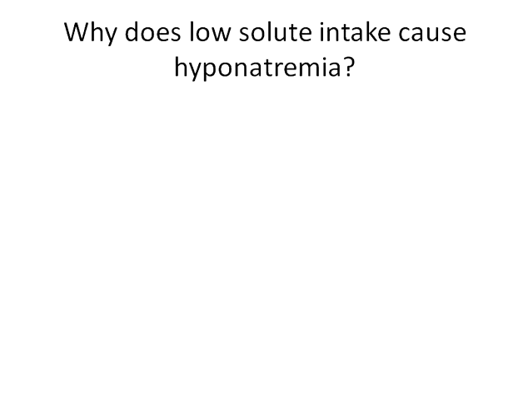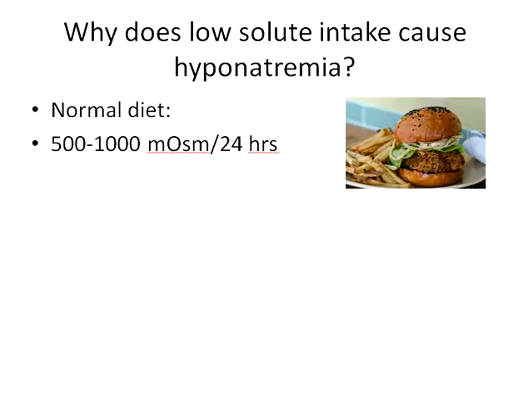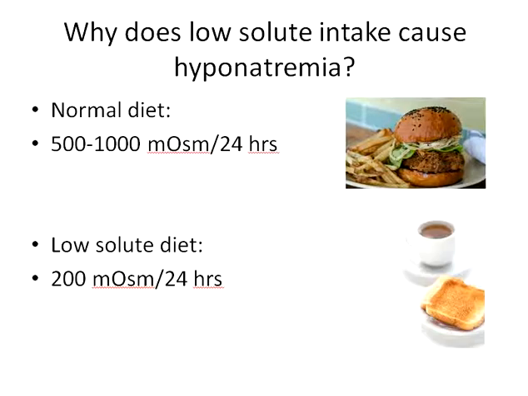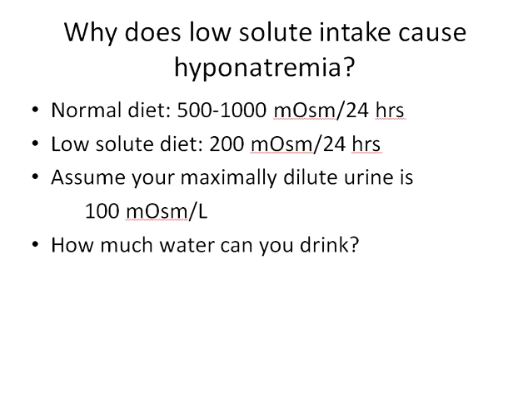So how does low solute intake cause hyponatremia? Normal diet contains 500 to 1,000 milliosmoles per 24 hours. Low solute diet will have less, for example, 200 milliosmoles per 24 hours. So let's assume that your maximally dilute urine is 100 milliosmoles per liter.